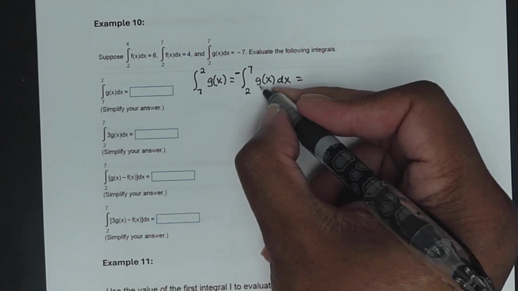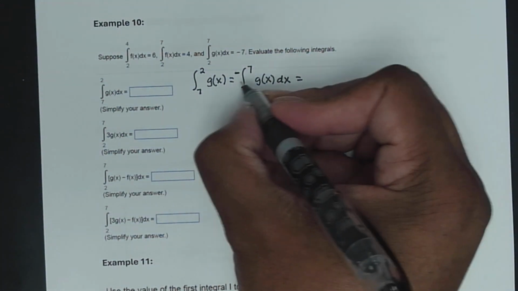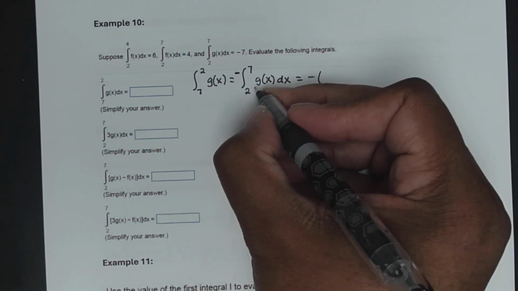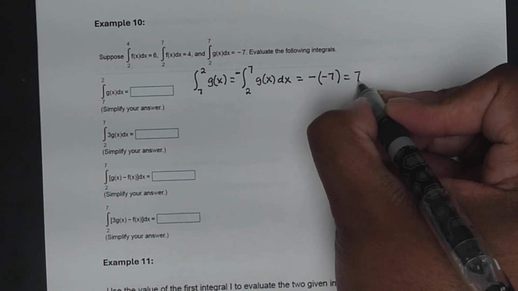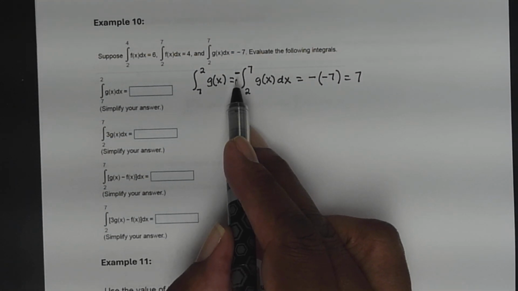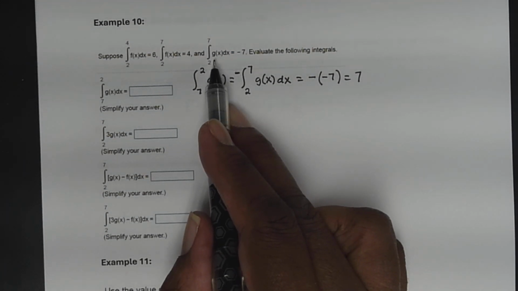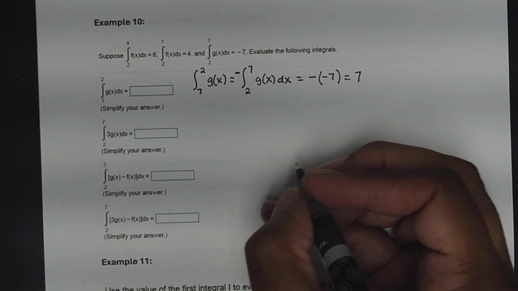Well, the integral from 2 to 7 of g of x dx, if you look up here, that's the negative 7. So let me bring this negative over. The integral of this part is negative 7. So negative of a negative 7 is 7. Okay. So I have to use the properties of integrals: flip the limits over and put the negative sign in front. And then the integral from 2 to 7 of g of x dx is negative 7. So negative of negative 7 is 7.